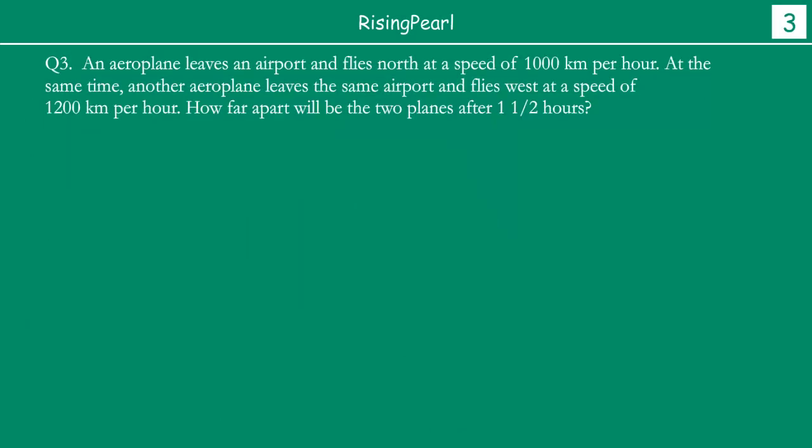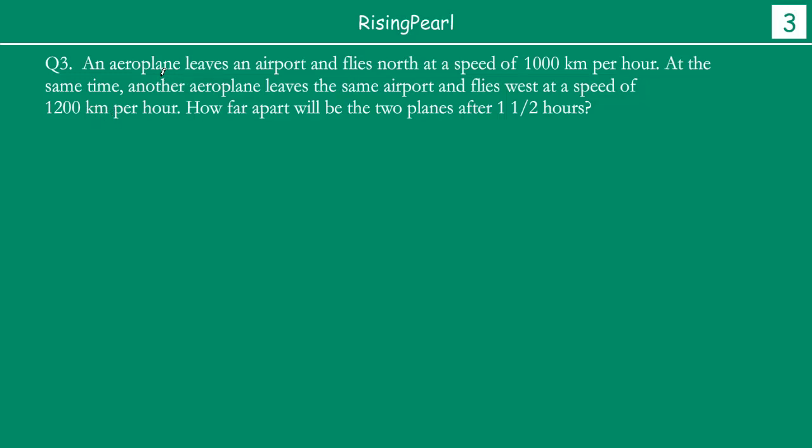Now friends, let's take a look at one other type of question. Here, an aeroplane leaves an airport and flies north at a certain speed. At the same time, another aeroplane leaves the same airport and flies west at a certain speed.